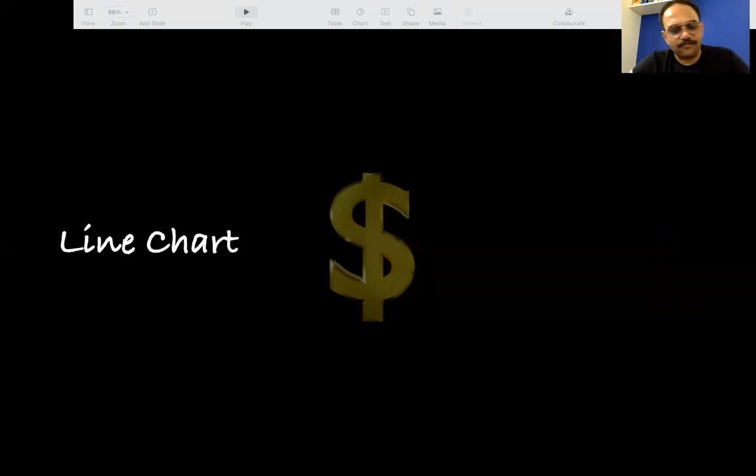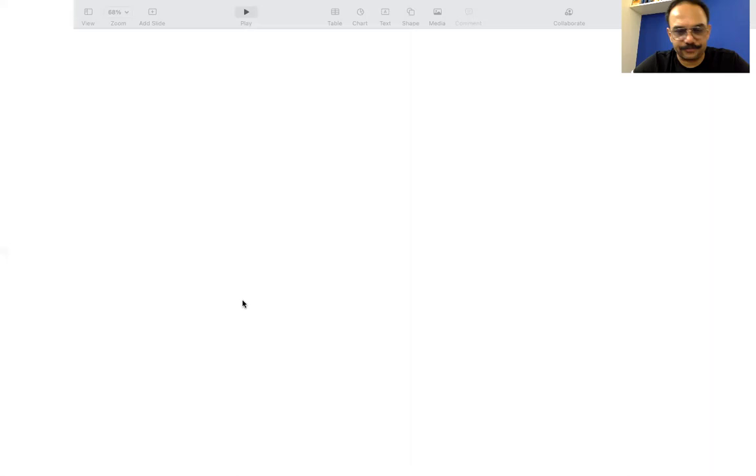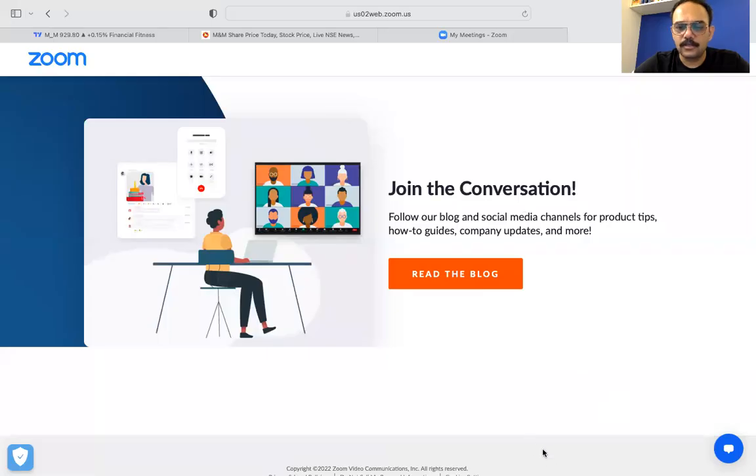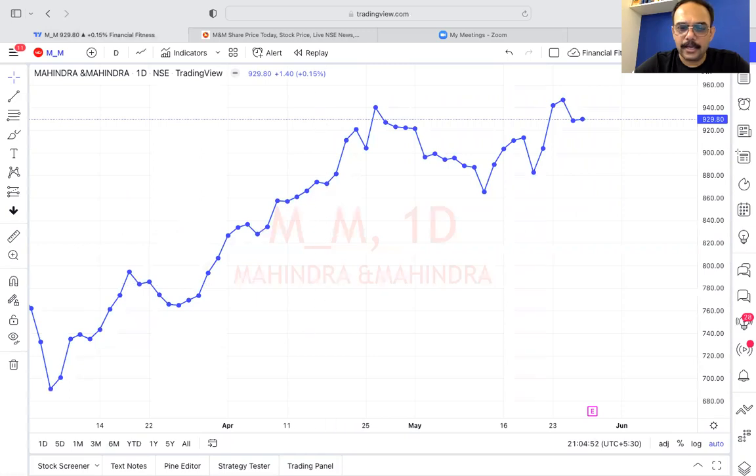Let's understand what is a line chart. Has everyone opened an account in TradingView? Like I had mentioned earlier, please open a free account.